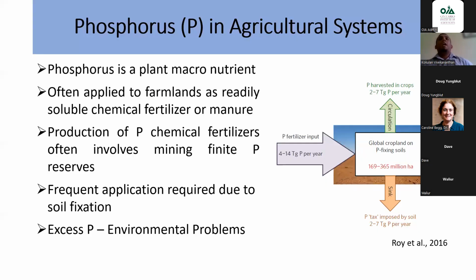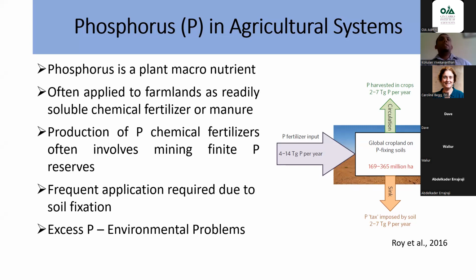Phosphorus in agricultural systems. Phosphorus is important to agriculture because it is a plant macronutrient. It is often applied to farmlands as readily soluble inorganic chemical fertilizers or in the form of animal manure.